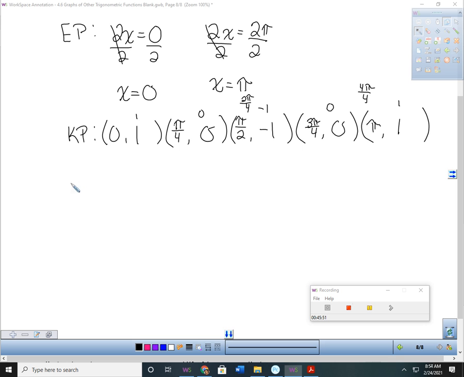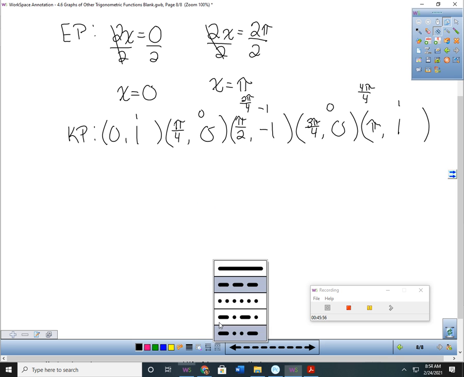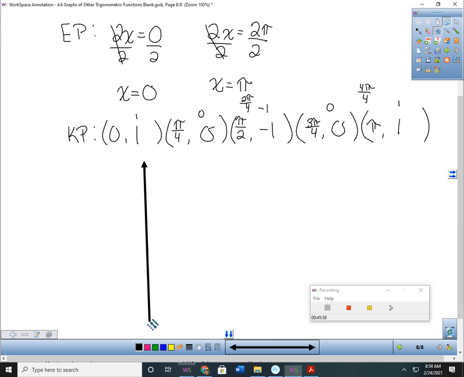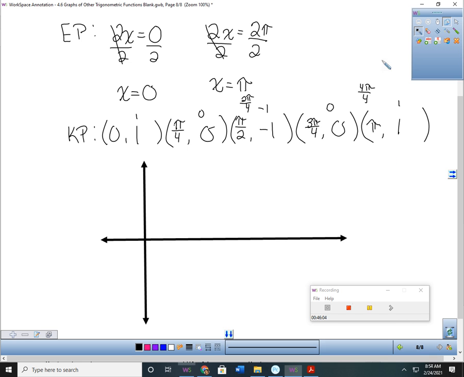All right, so now I'm ready to graph. I really don't need anything on the left side, so I'll keep it all on the right. And I'm going to count by pi over 4s. So 1 pi over 4, 2 pi over 4, 3 pi over 4, and then 4 pi over 4 would be your pi, right?